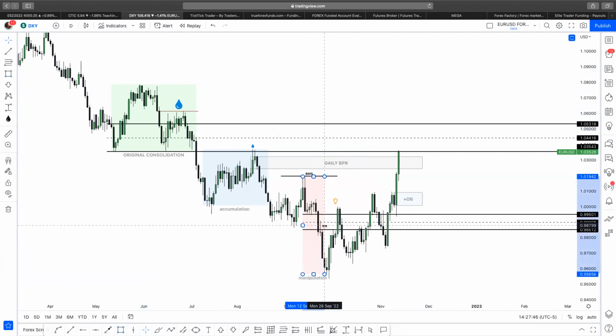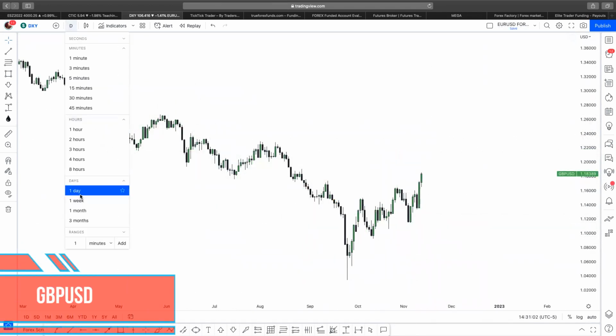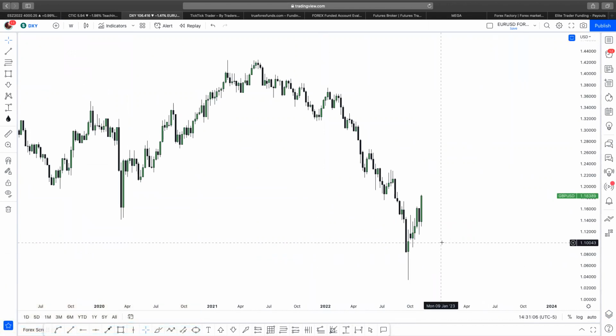All this was manipulation phase, right? All this bearishness in line with the order flow just to what? Give you smart money reversal. GU is a monster. Love it. One of my favorite pairs.